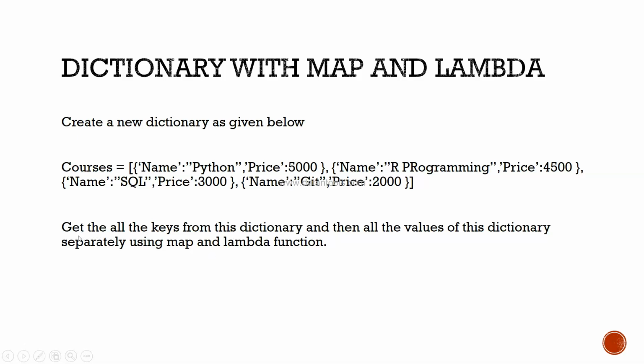From this dictionary you need to get all the keys, and then all the values of the dictionary separately, using the map and lambda function which you have learned in this video. If you find any difficulty in doing that, then just watch the video again. But even after that, if you have any question or complexity, then just let me know and I'll respond to you. With that, I will meet you in the next video.